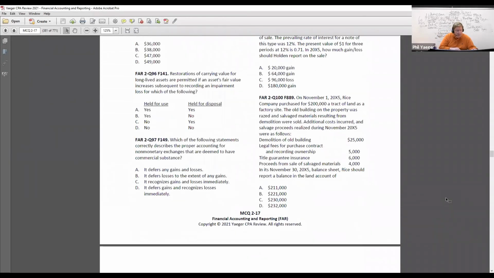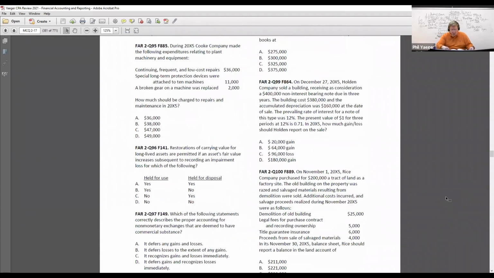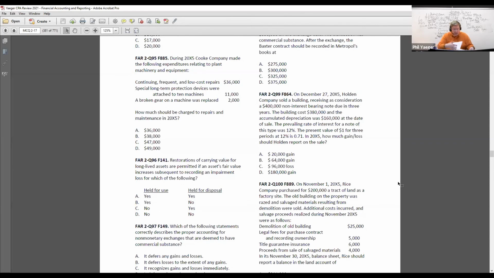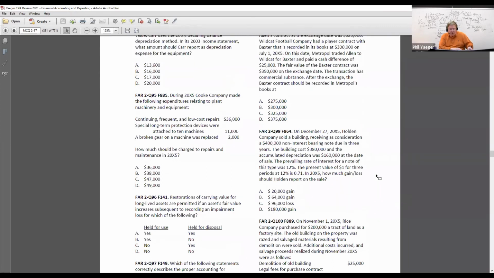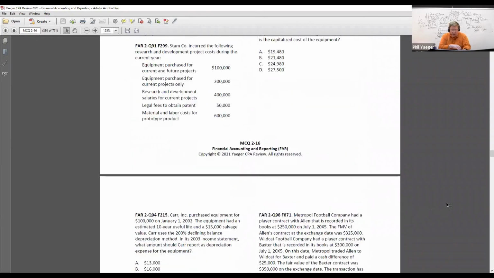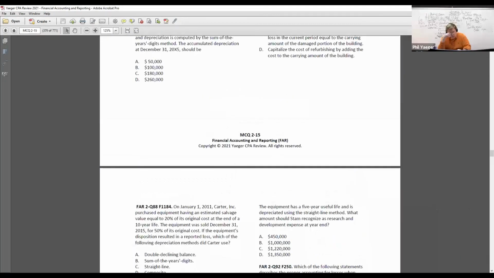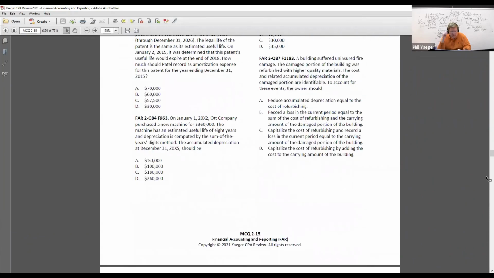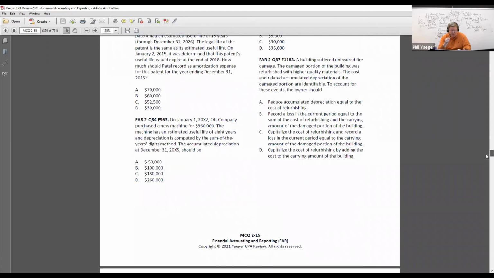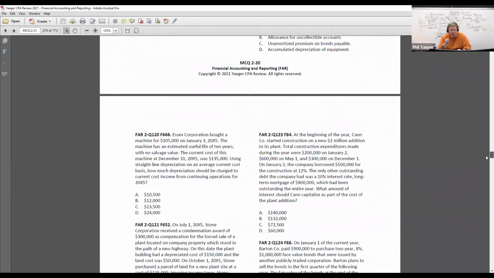I hope I wrote down the right question. Okay, here we go. 186, MCQ 2-33. I'm sorry, MCQ 2-33. It's question 186.